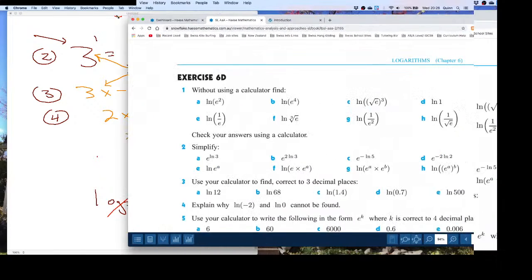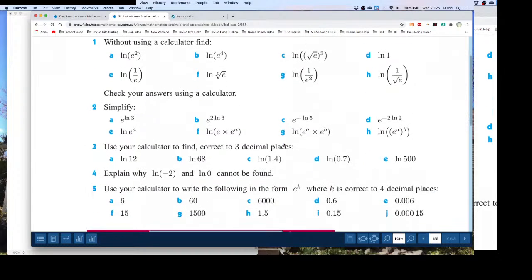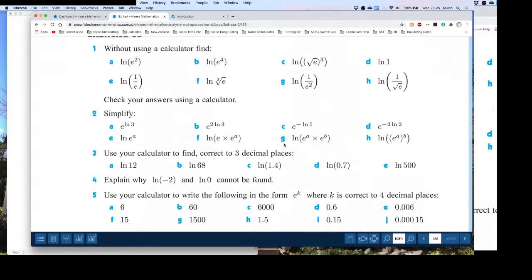So Tanya and company, if anyone wants to look at, these ones are just evaluating logs to make sure you understand how they work. So for all of you watching this now, take a look at this page and tell me if there's something that you don't understand, including you, Tanya.